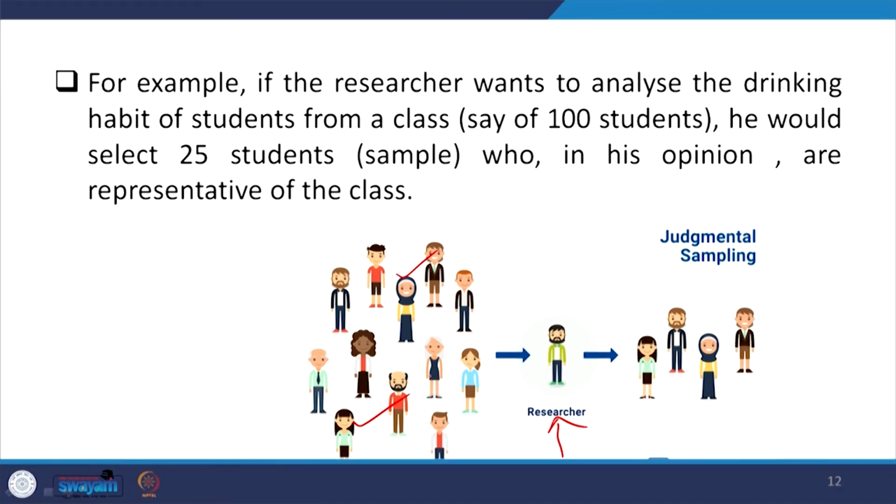For example, if the researcher wants to analyze the drinking habits of students from a particular class, say there are 100 students and the researcher wants to select 25 as a sample, then in his opinion, those in the class who are representative are selected.